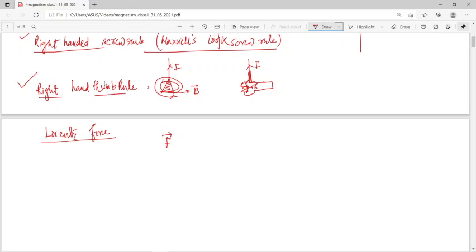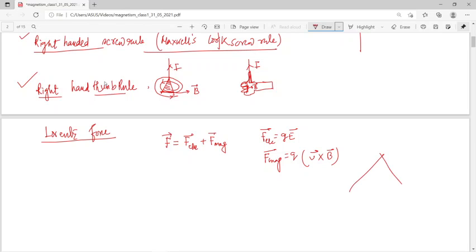And that Lorentz force is nothing but the electric force plus the magnetic force, and we already know that the electric force is nothing but charge multiplied by the electric field. And the magnetic force is nothing but q, v cross B. V is the velocity and B is the magnetic field.